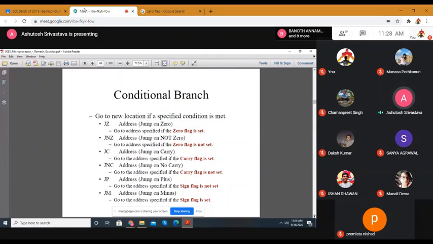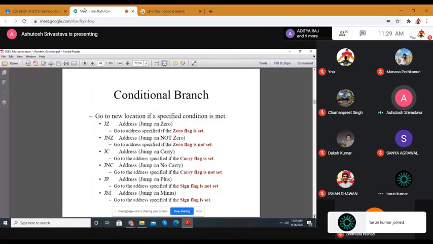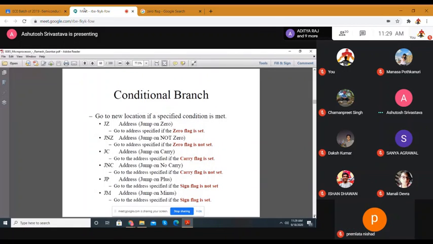Then you have JP. So this statement allows you to go to specific address if the sign flag is not set. And JM allows you to go to your specified address if the sign flag is set.